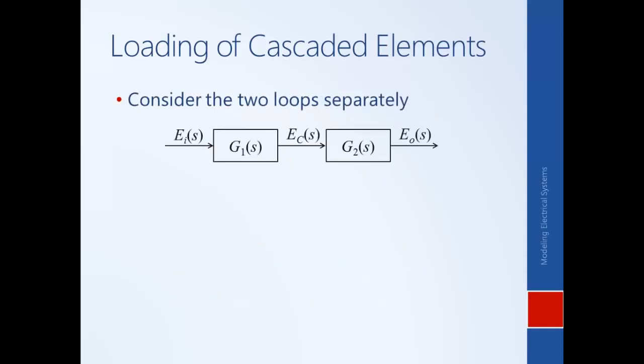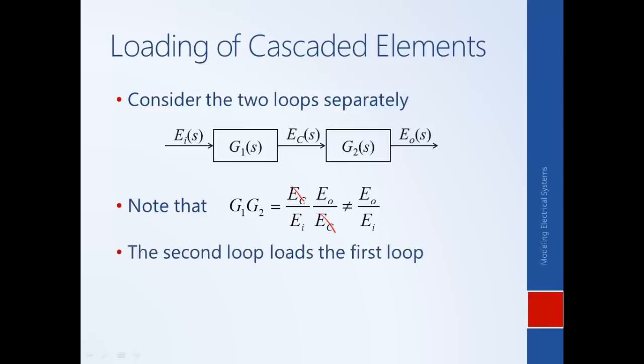So again, previously we had made the assumption that transfer functions in series multiply. So for example, G1 is output over input, it's EC over EI, and G2 is output over input, EO over EC. Typically we treat the ECs as canceling, which should give us the same transfer function that we found originally. But that's not the case.